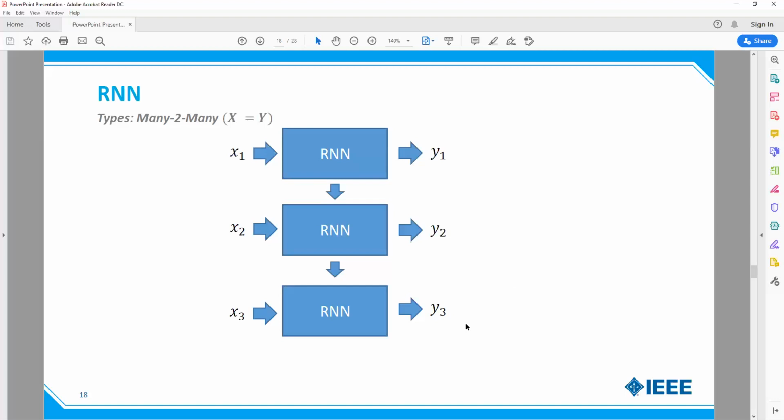An example of this type of RNN being used is if we were to do, let's say, named entity recognition, where we feed in a sentence, and for each word, we want to identify the named entity.